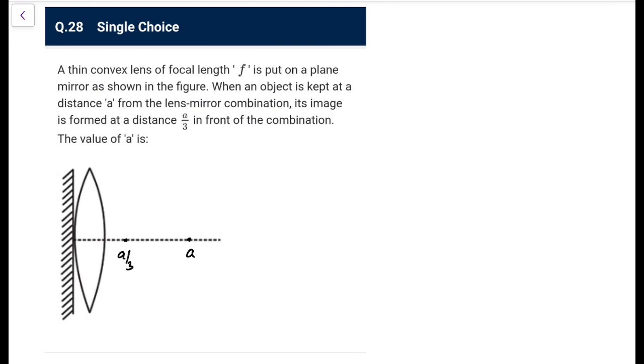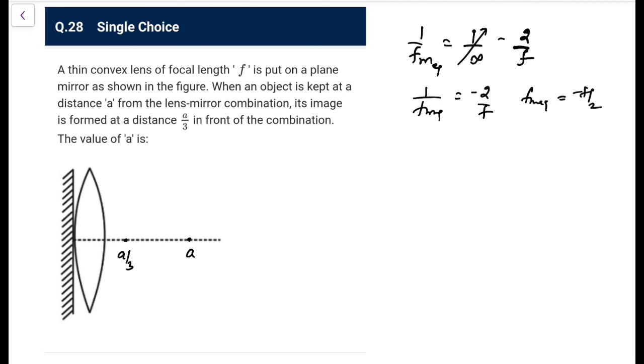So basically for the equivalent mirror, 1 upon fm equivalent is 1 upon fm, which is 1 upon infinity, minus 2 upon f. So 1 upon fm equivalent is minus 2 by f, so fm equivalent is minus f by 2. Just putting the values, 1 over v is 1 over minus a by 3 plus 1 over u, 1 over minus a, is equal to 1 by f, which you can say as minus 2 by f.